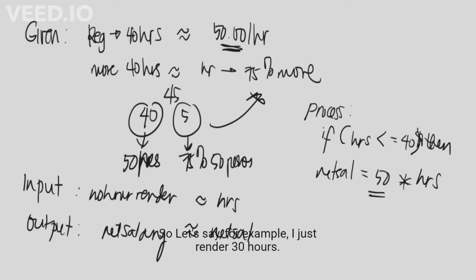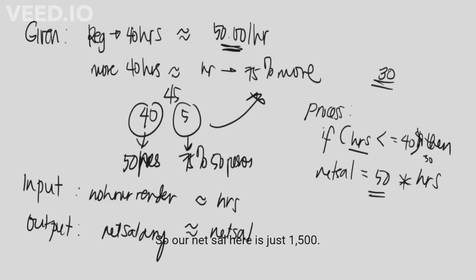So let's say, for example, I just rendered 30 hours. 30 hours is less than or equals to 40. So if it's a true condition, we'll compute 50 times 30. So our net sal here is just 1,500.